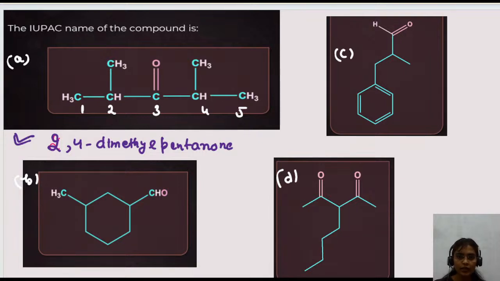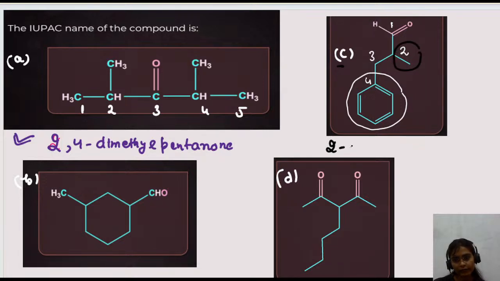Okay, next, how about this one? I hope you already know that in this case, this one is behaving like the parent. The numbering starts from this, 1, 2, 3, and 4. So this is being a substituent now. What is the name for this one? At second position you will have a methyl group.